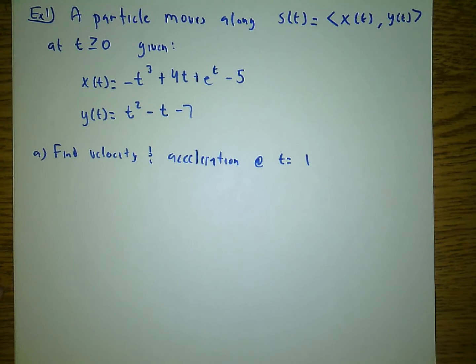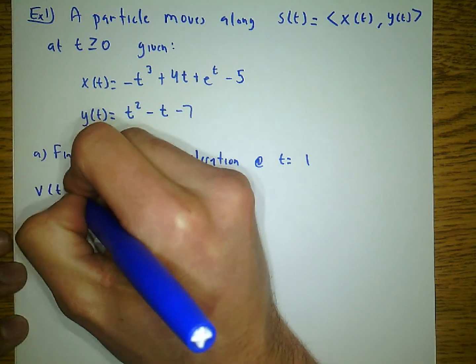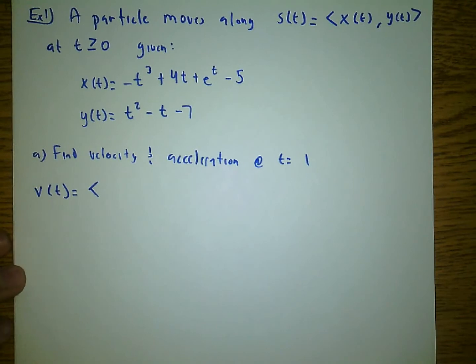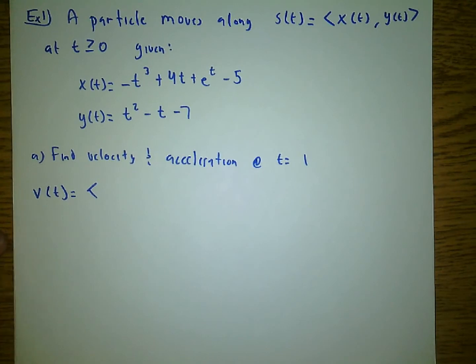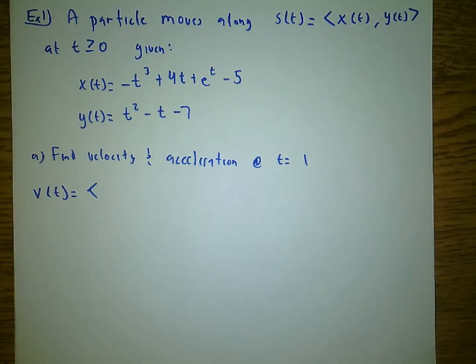Take the derivative. Okay, so first of all, I know that velocity has to be a vector. Let's start out with that, right? So what's the velocity vector for this very specific problem? We can put it anywhere, but we have enough information for you to tell me exactly what the velocity vector is.